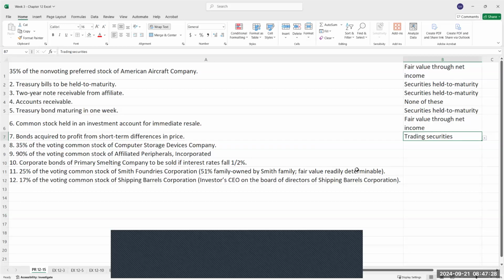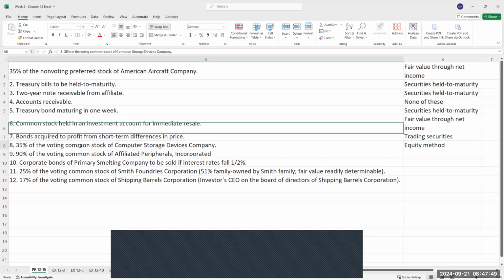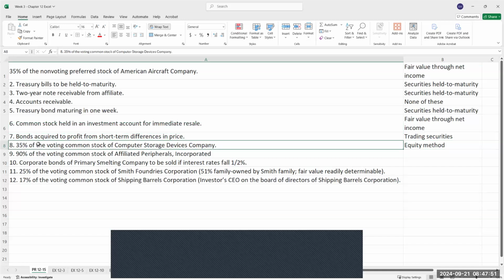Next, we have 35% of the voting common stock of Computer Storage Devices Company. So in this case, we own between 20 and 50%. So we have significant influence. Therefore, we use the equity method. All right. And the key difference between the first and the eighth is that the eighth says 35% of the voting common stock.